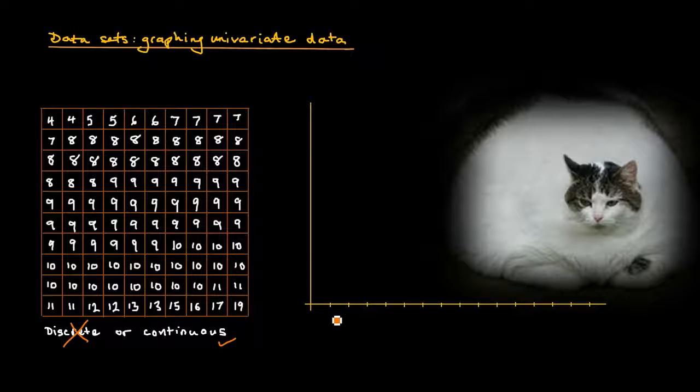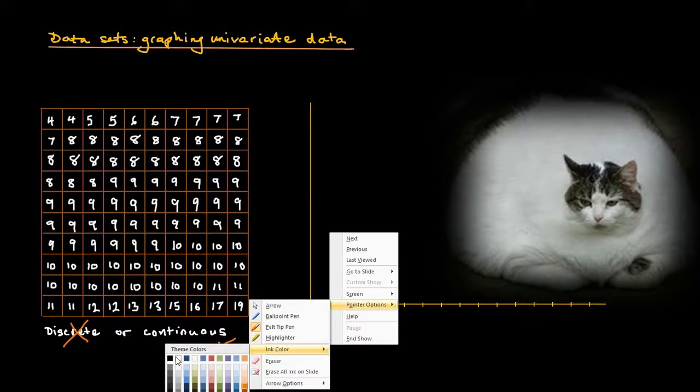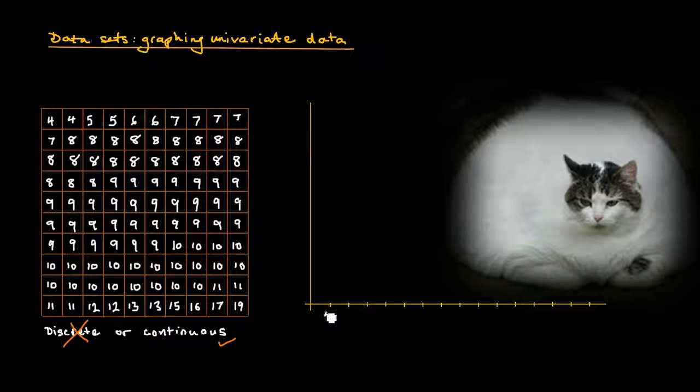And what would this need to be? Well, it's the boundary between 4 and 5. So in other words, this is going to be 4.5. So not 4, but 4.5. And the next boundary is going to be 5.5. So let's just squash it in like that.